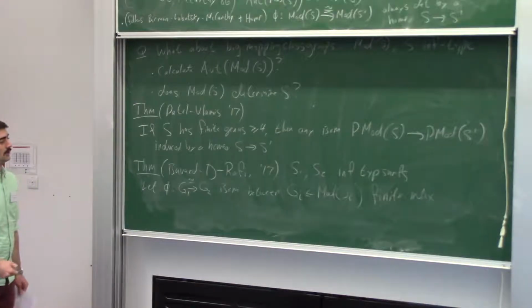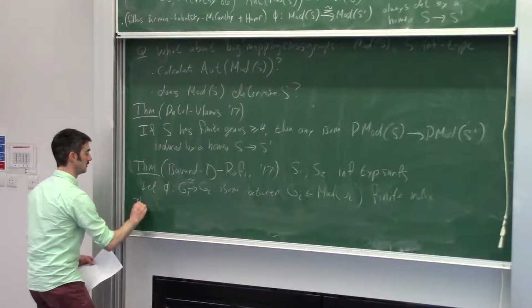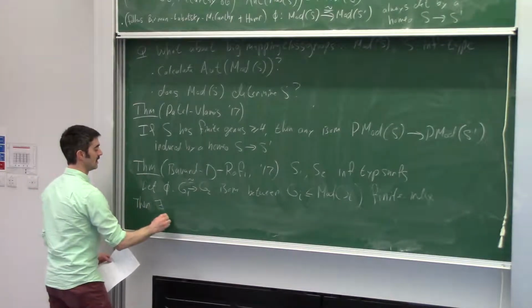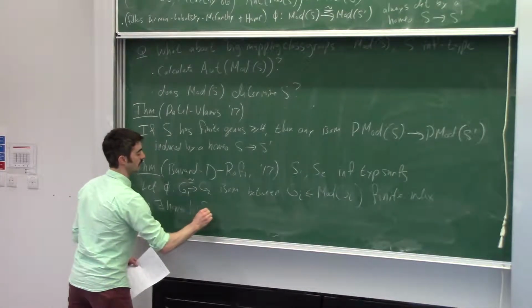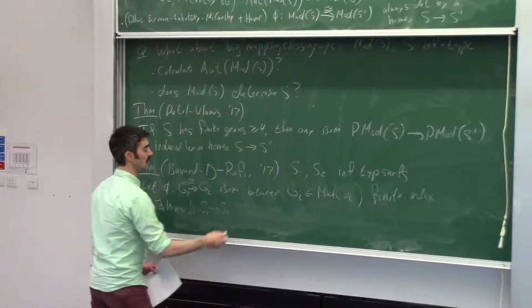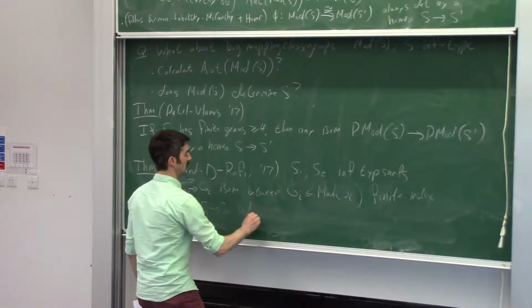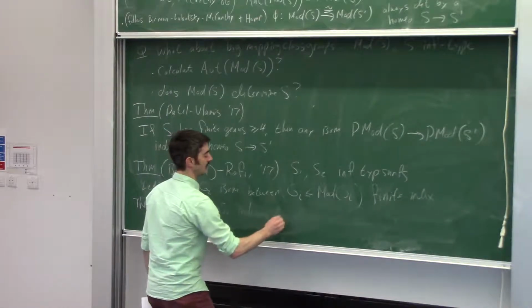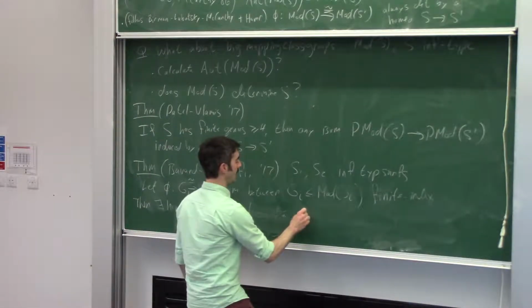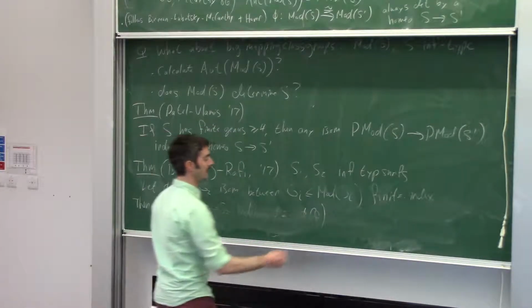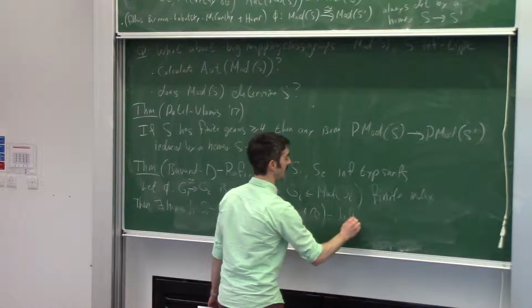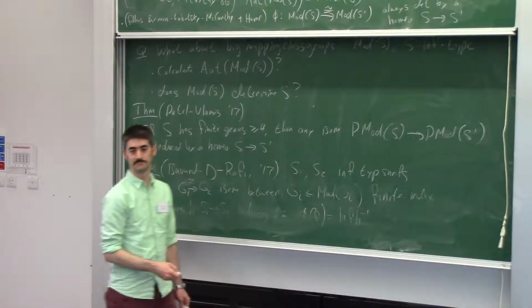Okay, so then the theorem is that there exists a homeomorphism, call it H, from S1 to S2, inducing phi. By which I mean that phi of any mapping class group element F is given by H F H inverse.